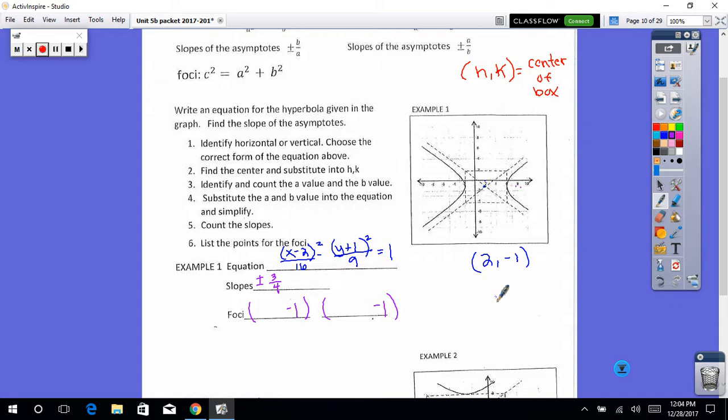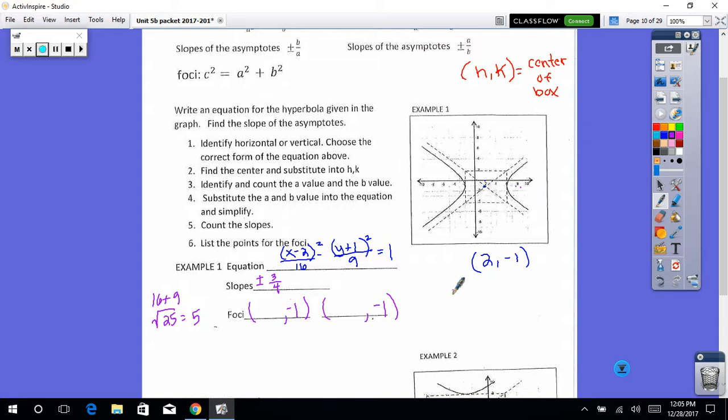So let's figure out where. 16 plus 9 is 25, and the square root of 25 is 5. So we are going to add that 5 to our current x value, and we're going to subtract that 5 from our current x value.